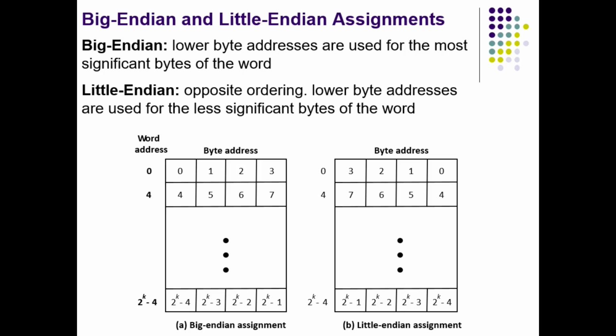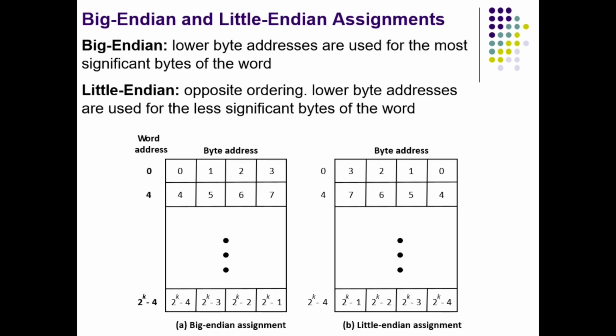Now we'll see the definition first and then I'll explain it. Big endian format means in this type of assignment, when there is data, we store the most significant byte at the least address available. Similarly, little endian means the least significant byte is stored at the least address available.